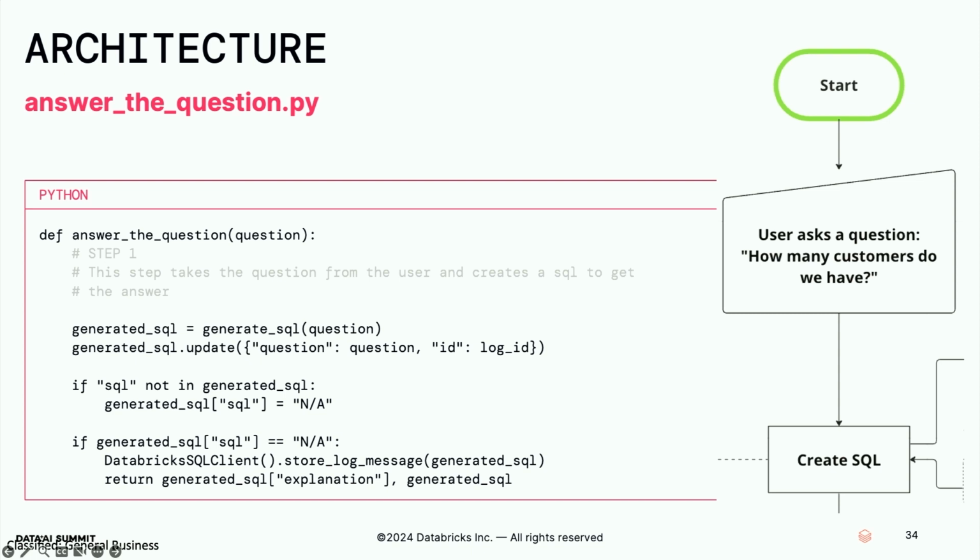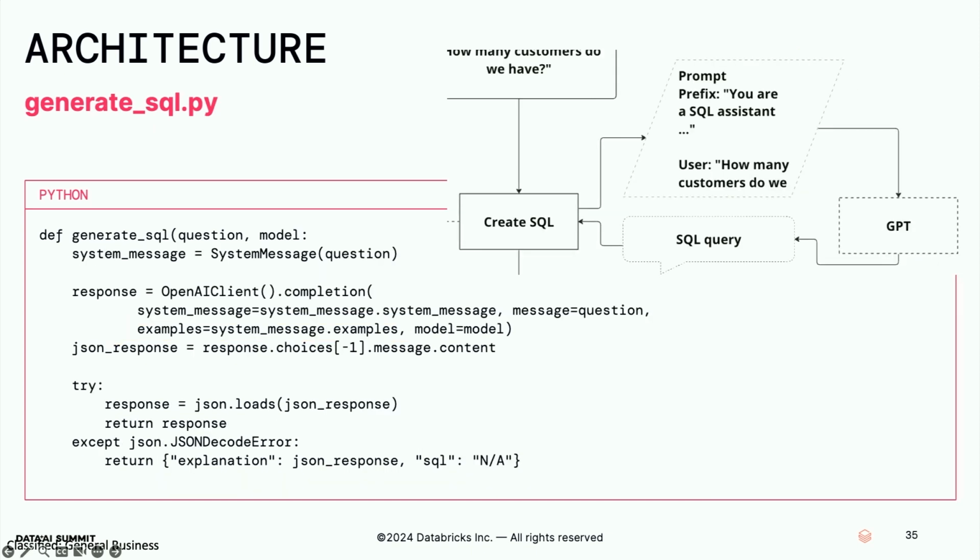Here we want to generate the SQL, so we hop into the next step of our architecture. We connect to the OpenAI client, because here we want to ask OpenAI what the answer to this question is, and send it with a system prompt that we predefined, which sets up the context for the question and also connects to the data warehouse documentation.